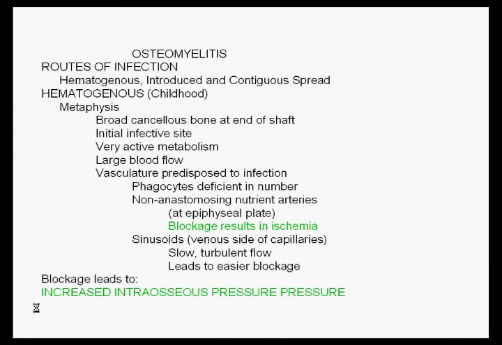And when you block the veins, you wind up with arterial flow coming in and no venous outflow, so you build up pressure in the system, and you get increased intraosseous pressure, which is an incredibly important element in the development of osteomyelitis, because that's what gives you further ischemia and leads to bone death. And necrosis winds up being the biggest problem that you're dealing with because that deprives you of the ability to get your antibiotics to the infective site.